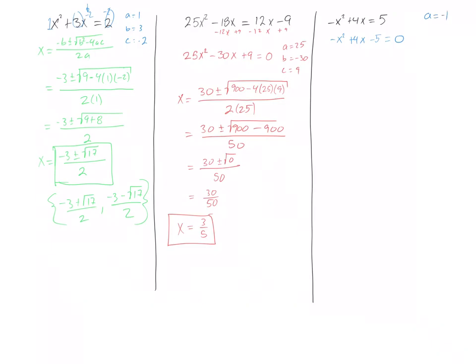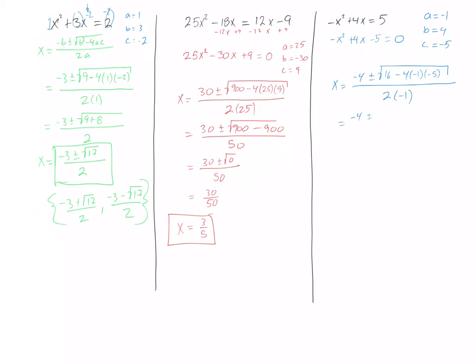So my a is equal to negative 1, my b is equal to 4, my c is equal to negative 5. x is equal to negative b, so minus 4, plus or minus the square root of b squared, 16, minus 4 times a times c, all divided by 2 times a.